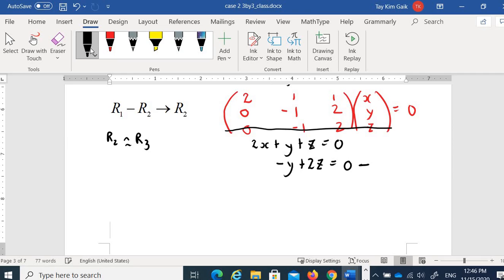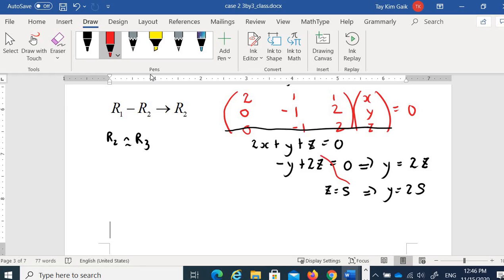Then from here, I will let y is equal to 2z. So let z equal to s, hence y equal to 2s. So you plug back z is s, y is 2s in equation 1.